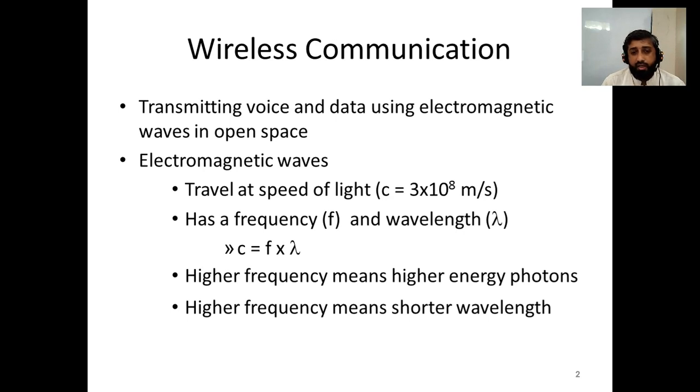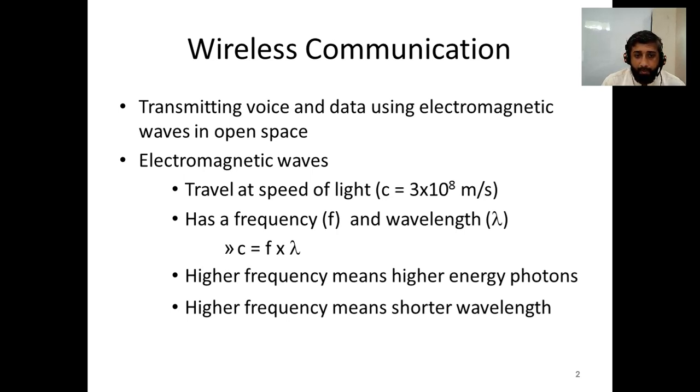The transmitting antenna generates the electromagnetic waves and sends them through the free space to the receiving antenna, and the receiving antenna captures those electromagnetic waves and converts them back into the electrical signal so that it is delivered to the receiver side. So the main idea behind wireless communication is voice and data transmission using electromagnetic waves through the free space.